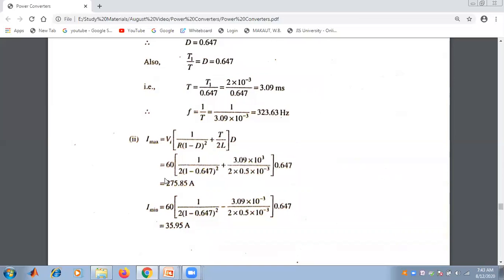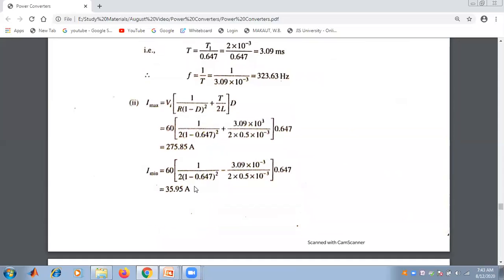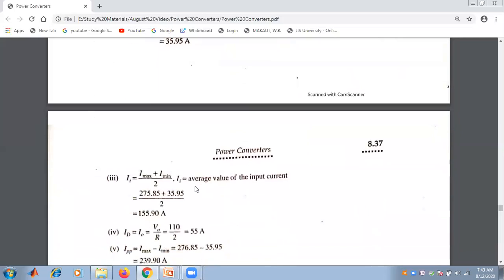After putting those values, we find the value of I max, that is 275.85 ampere. In the same way, we find the minimum value, that is 35.95 ampere. That is I min.